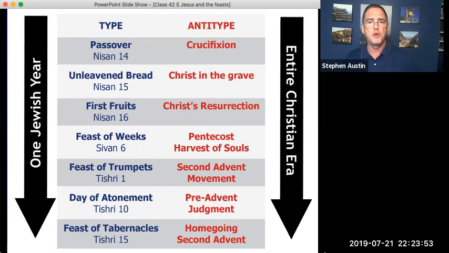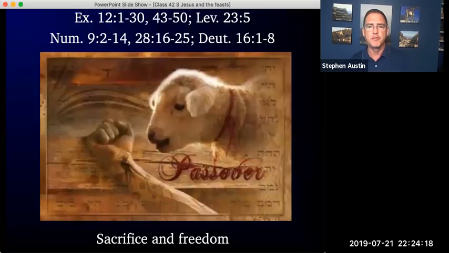And so, for example, you'd have Passover connected to the crucifixion of Jesus, unleavened bread to Christ in the grave, first fruits to the resurrection, and so on. But the difference is that where all these feasts happen in 1 year for the Jews, the second coming obviously is at the end of history and hasn't happened yet. And so this covers hundreds of years if you compare it to the Christian calendar.